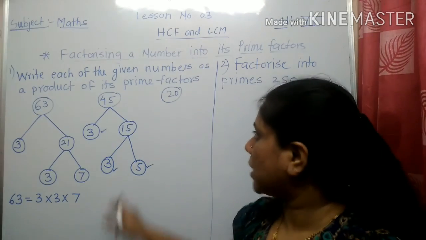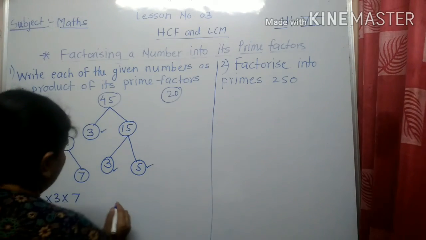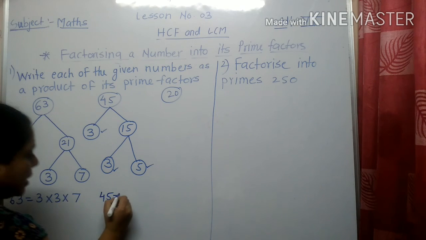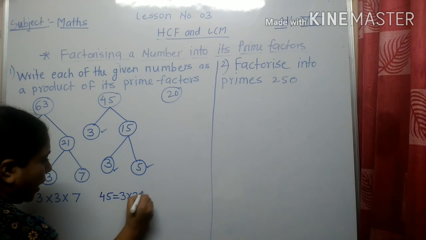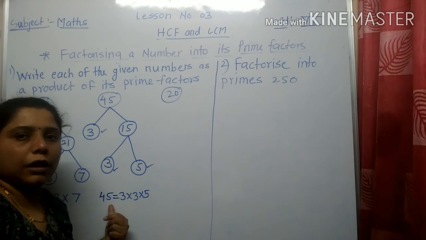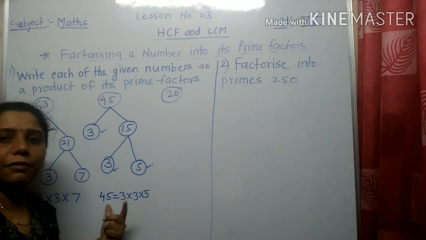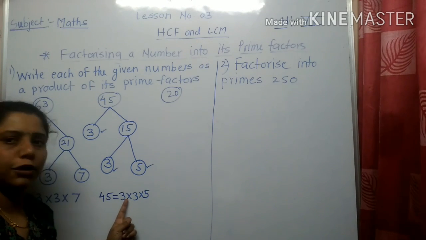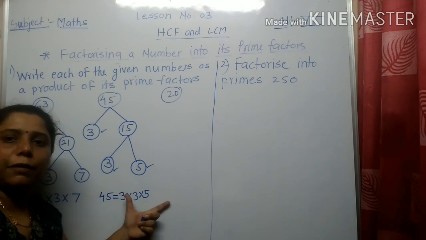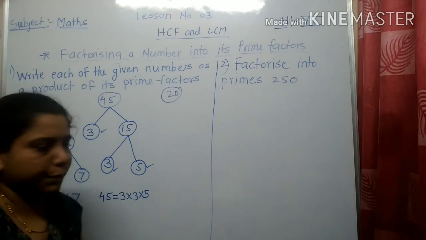Understood? Now for 45: 45 can be written as 3 into 3 into 5. Again, this 45 is a composite number, written as a product of prime factors, and 3 and 5 are prime numbers.